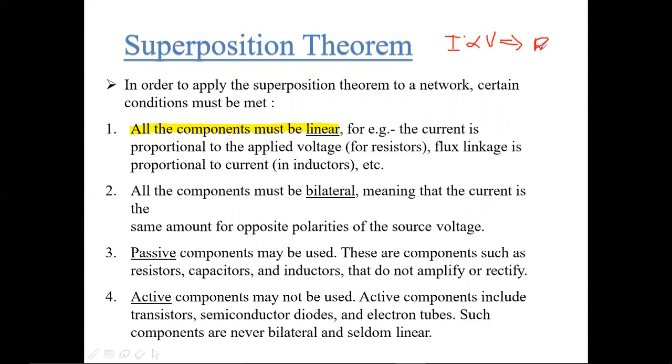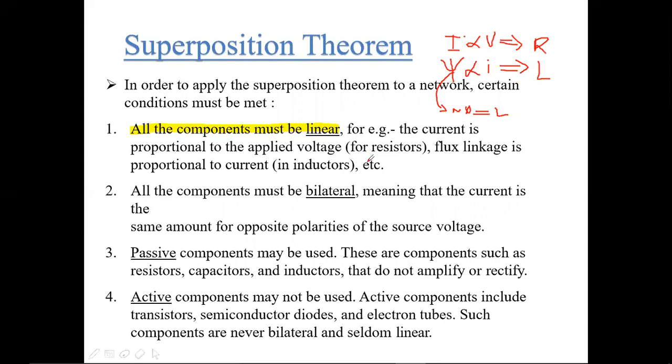Same thing, flux linkage, psi, is proportional to I. Flux linkage is nothing but the number of turns and flux, N phi, and it will become a constant equal to L. Then by doing this for flux linkage, you will get a constant L.